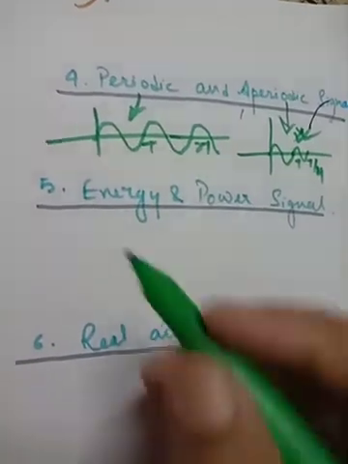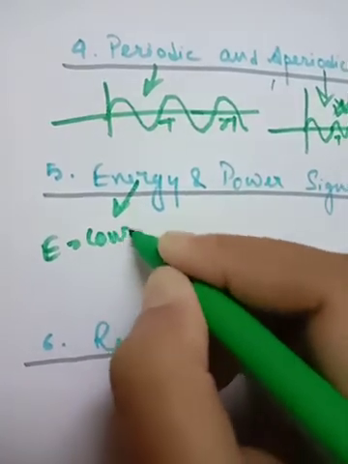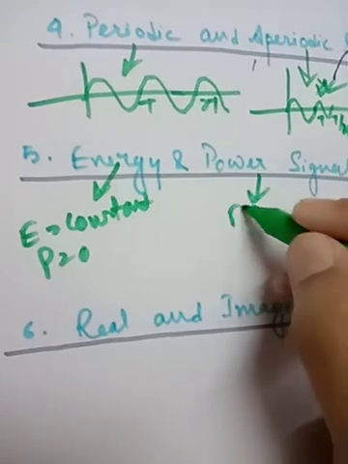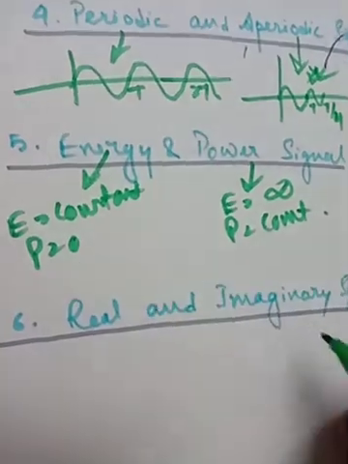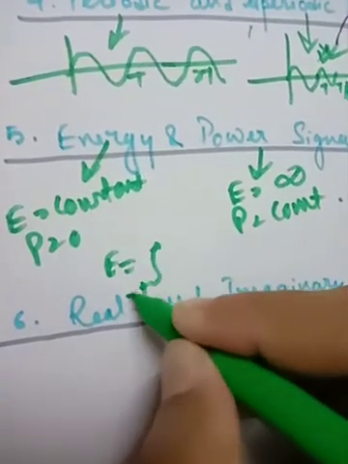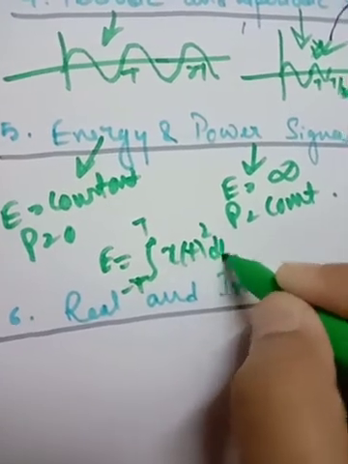Next is energy and power signal. An energy signal is when energy is constant and power is 0. A power signal is when energy is infinity and power is constant. For calculating the energy, the formula is integral from -T to +T of x(t) whole square dt.